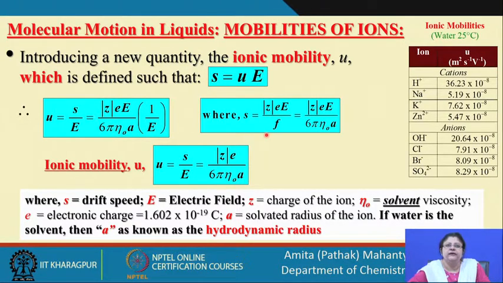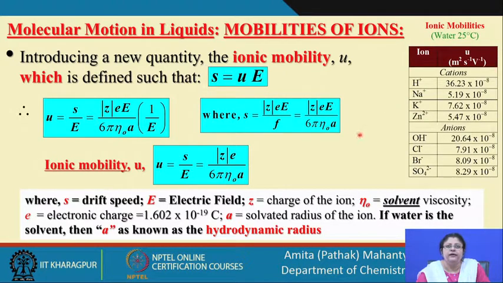So, what we can say is the ionic mobility U can be represented as S by E, right. The expression of S you know, the expression of E you know. This is the expression of S, Z e capital E divided by 6 pi eta A, divided by E. The E gets cancelled.